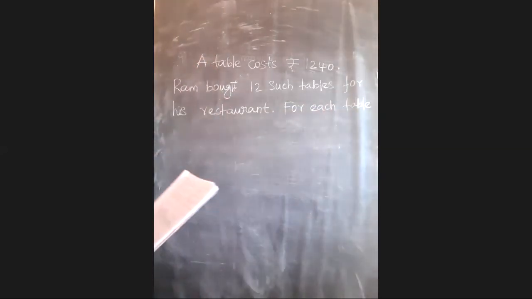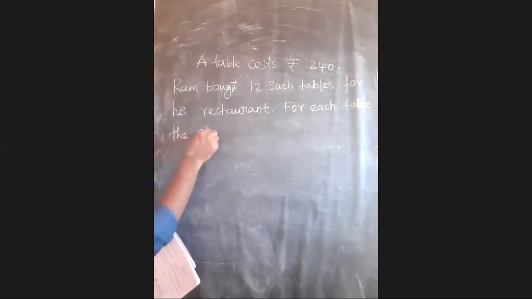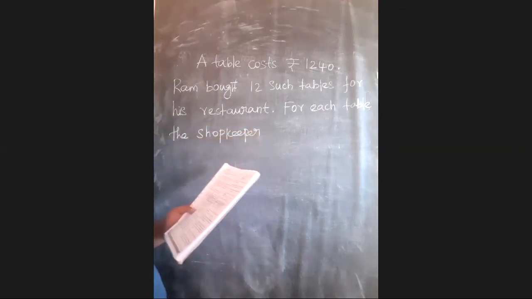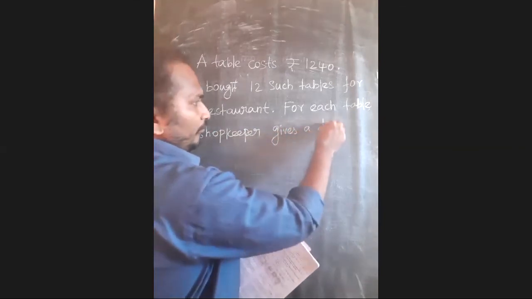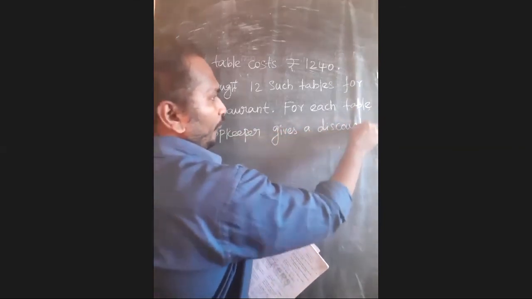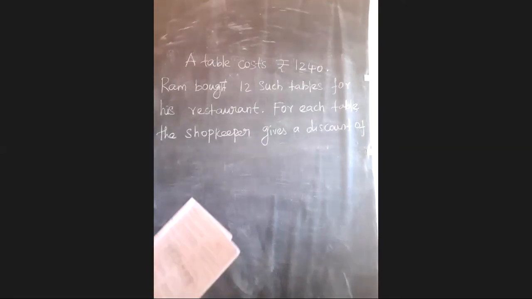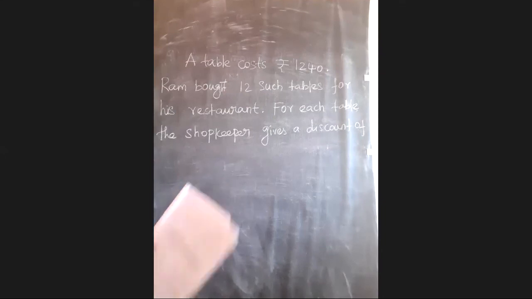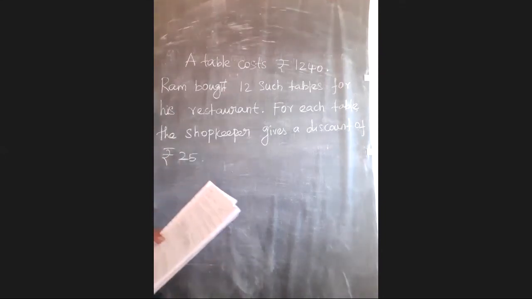For each table, the shopkeeper gives a discount of rupees 25.